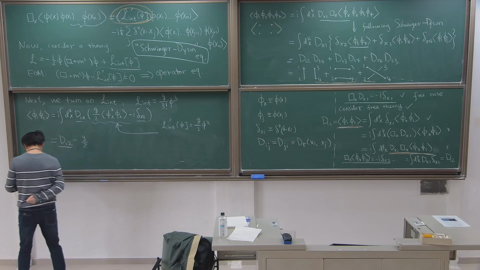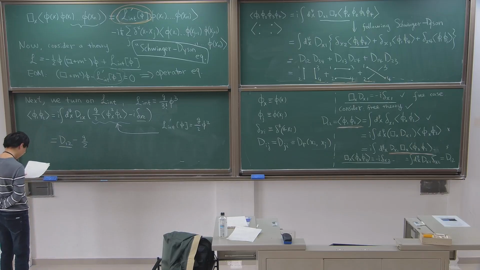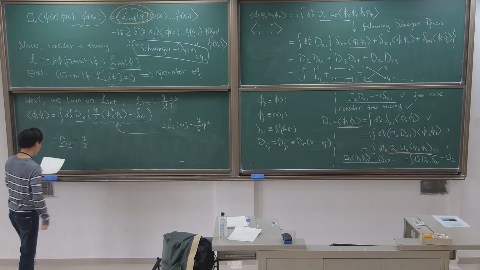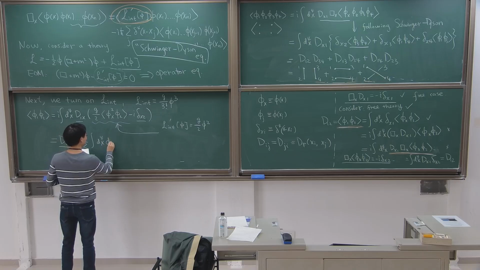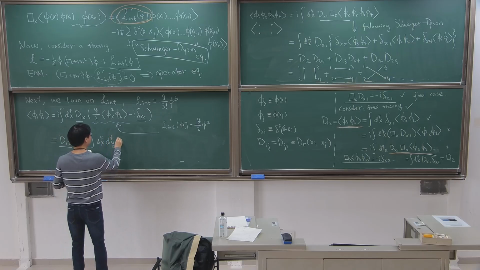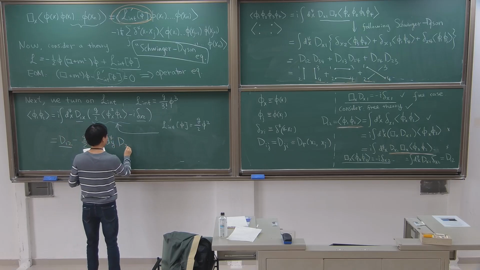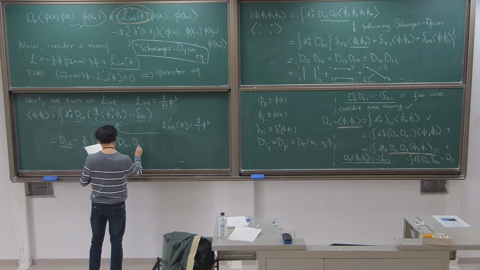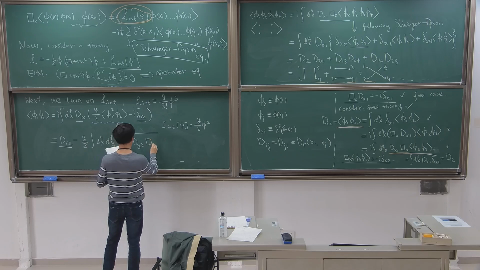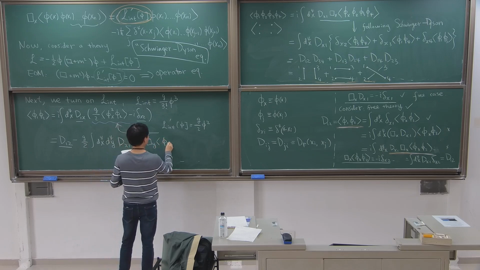But you should remember, now I further use the trick, and this is the dx1, dy2, box y, phi x squared.